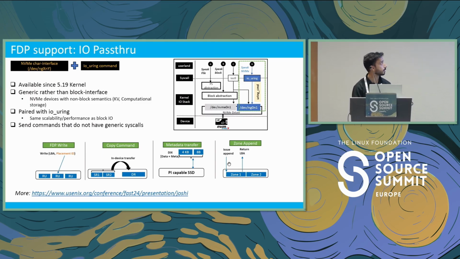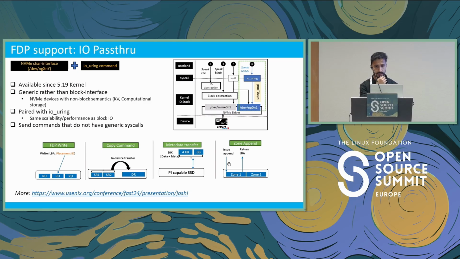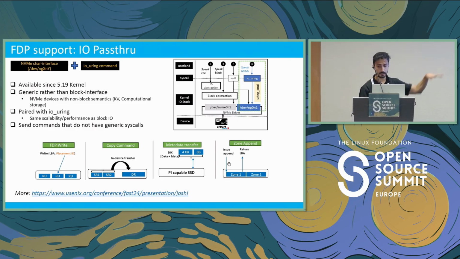So the first attempt to enable it was done via something called IO passthrough. This is a facility that was merged in kernel 5.19. If you look at the right hand side figure, the green line is what IO passthrough is. It has two elements.